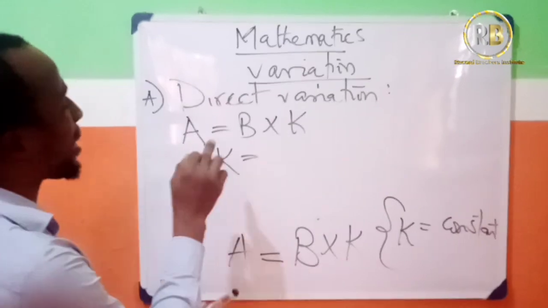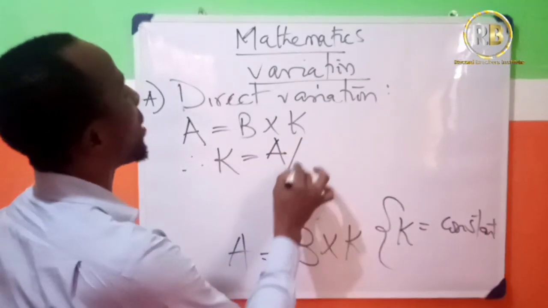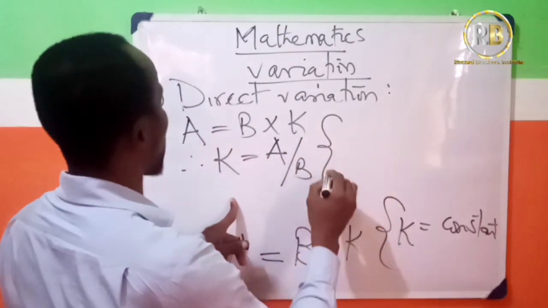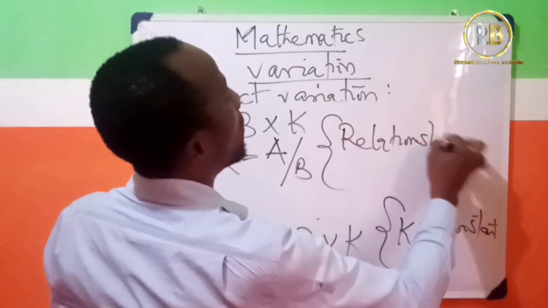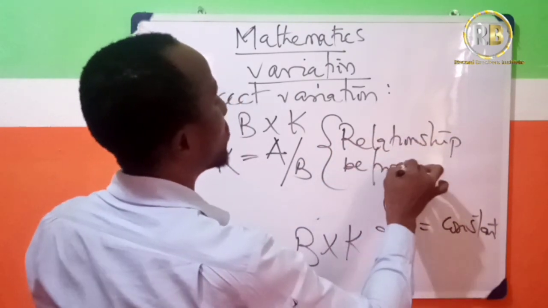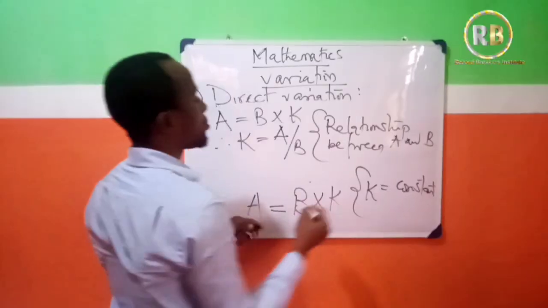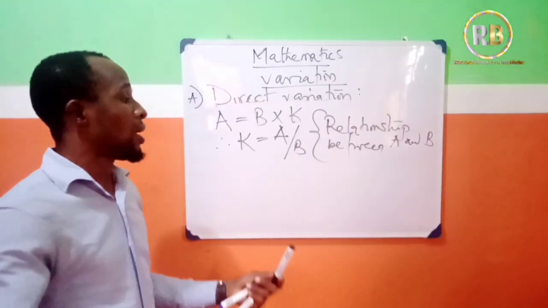So when you make K the subject of the formula, you say K is A divided by B. At this point, some textbooks will tell you that you have shown the relationship between A and B, or you have shown the formula connecting A and B.